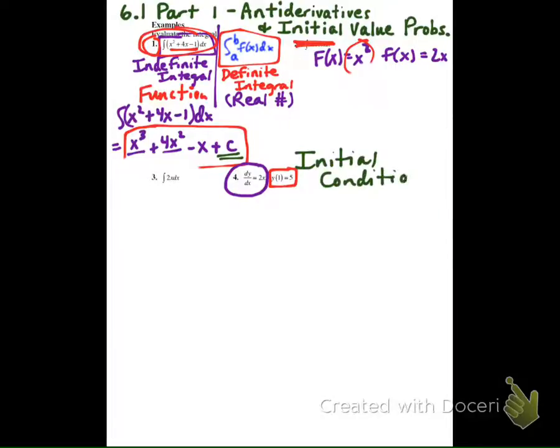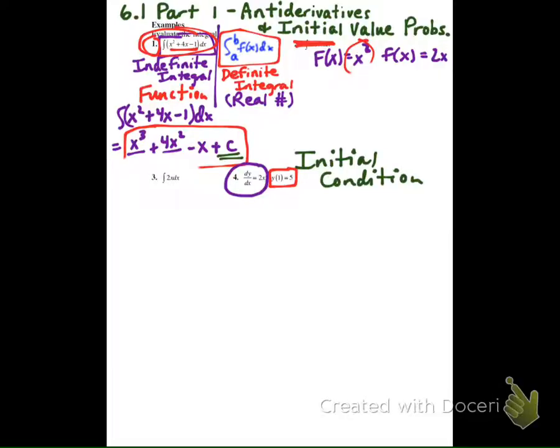Now, if we're told where one value of the function is at a certain moment, then we can use that information to help us figure out an exact value for the function. I won't go too far into it. Let's just do a couple problems and then we'll talk more about it in class.